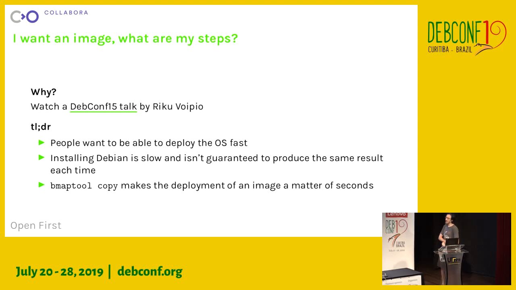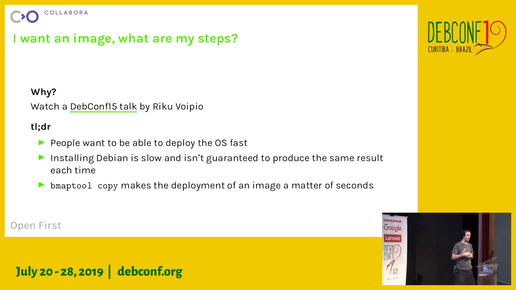according to Riku, it takes about 14 minutes to install Debian from scratch. And this process is not necessarily reproducible because it depends on lots of things. If you're installing using netinst, it depends on your network connection, or on your installation media and all that.